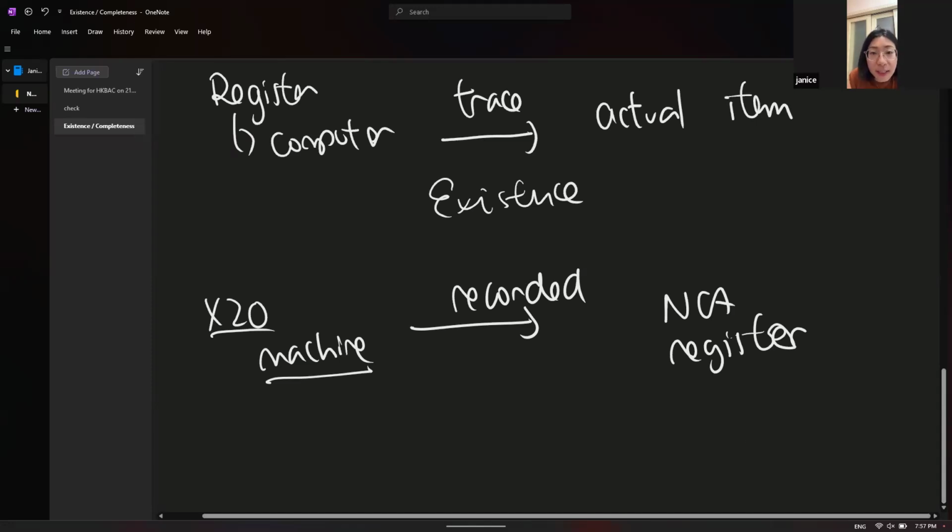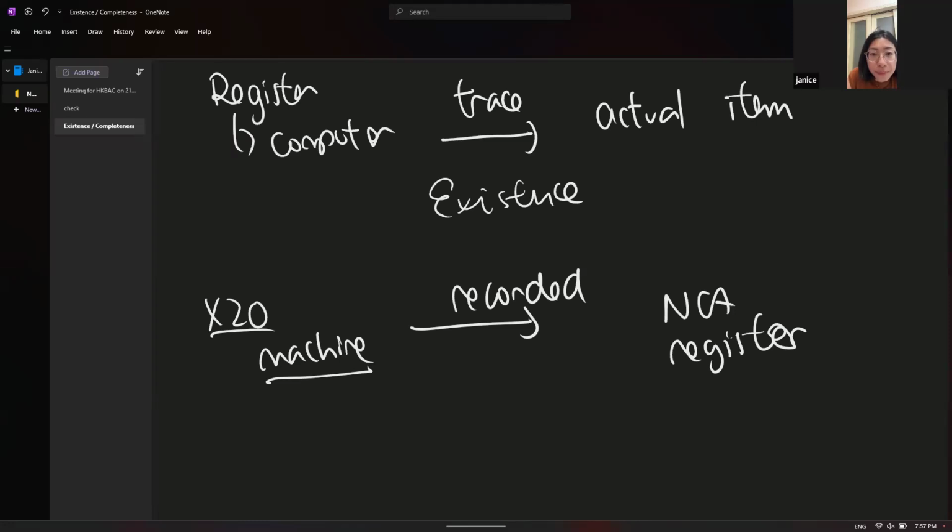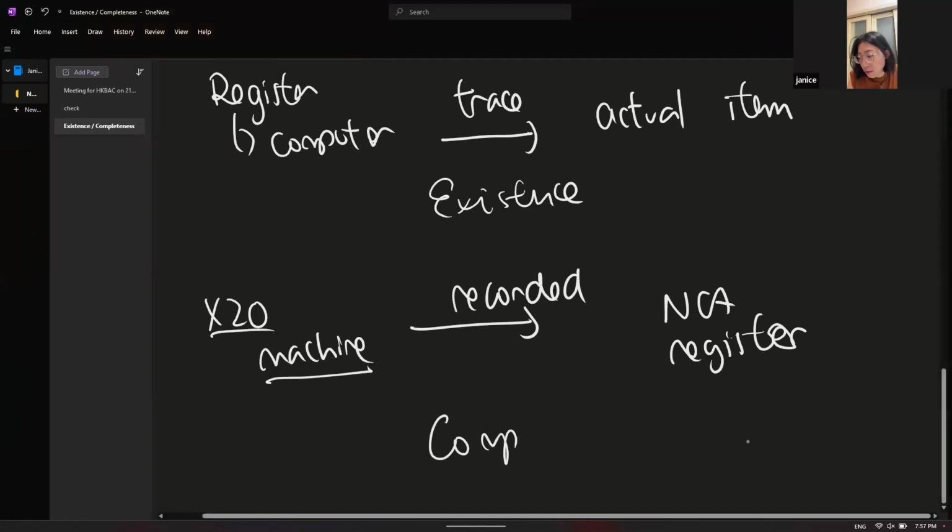What are we verifying here? Existence or completeness? Completeness, very good, excellent, okay? So this concept here is important for you guys to understand.